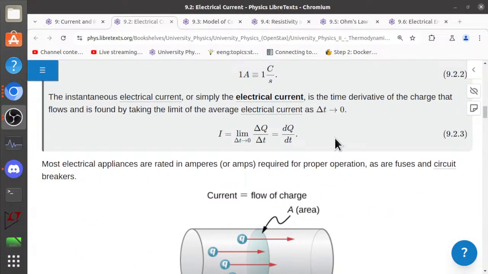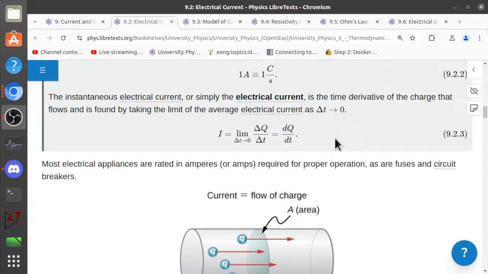So delta Q over delta T might not be constant. Sometimes we have 1 ampere, 1 coulomb per second, that's constant. But when you charge a capacitor, the rate of transported charges into the capacitor declines, decreases. So that means at some point it's full.